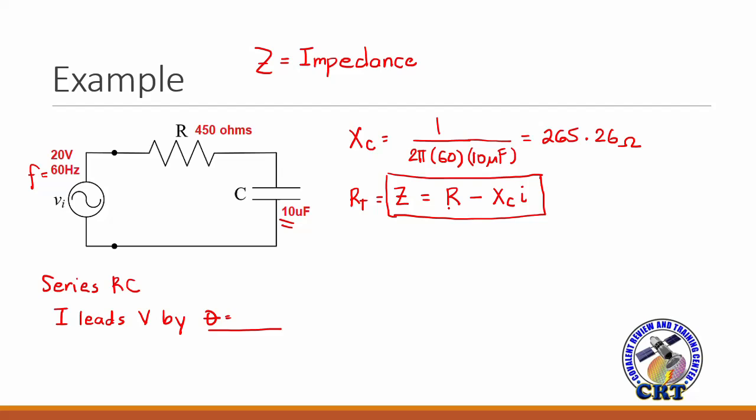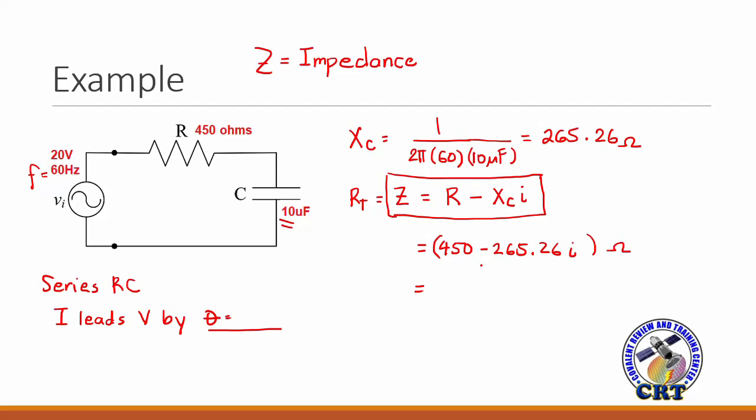It is composed of real part and imaginary part. Okay? So this is now equivalent to 450 minus 265.26 i. So this is in ohms. You can convert this to polar form. So in polar form, you can use any method. You can use the pole function of your calculator.